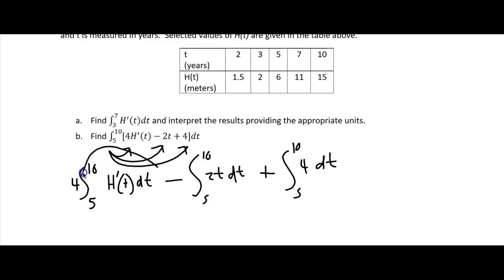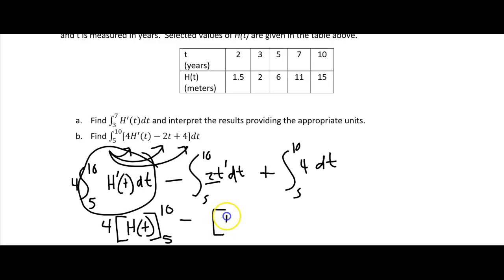So if I were to integrate this piece, first of all, the integral of h prime, as we saw in the last problem, is just h. Our limits go over here, and that 4 is still out there. Next, let's integrate this one. If I add 1 to the power, I'll get 2, and if I divide by 2, it'll cancel this 2 out.